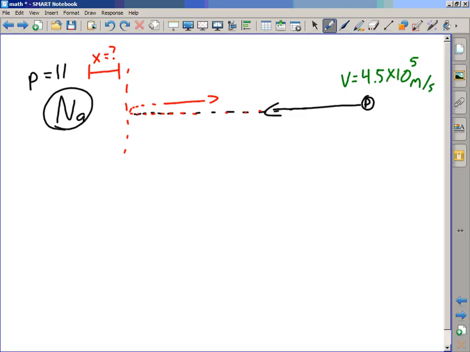I'll give you the initial velocity of this proton, where it starts out. What's the final velocity of this proton? 0. So the final velocity, all the way over here, v final, will end up being 0.